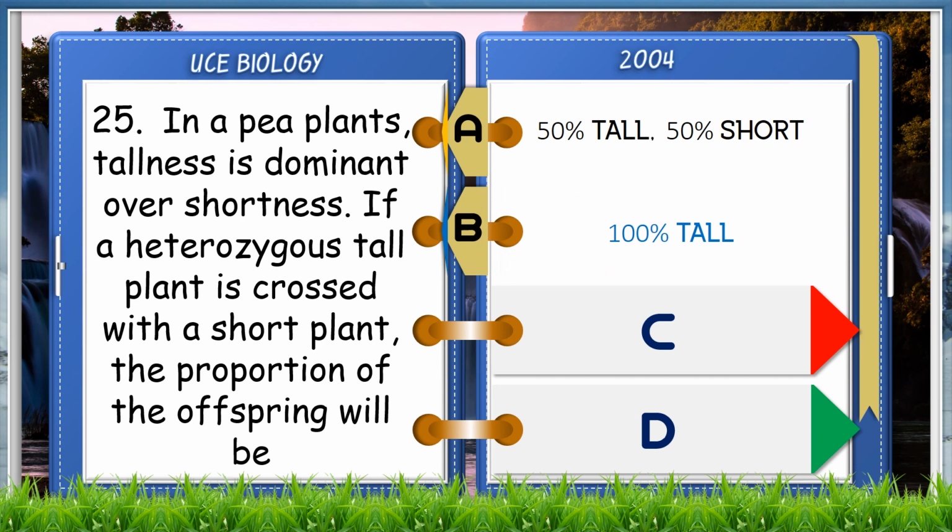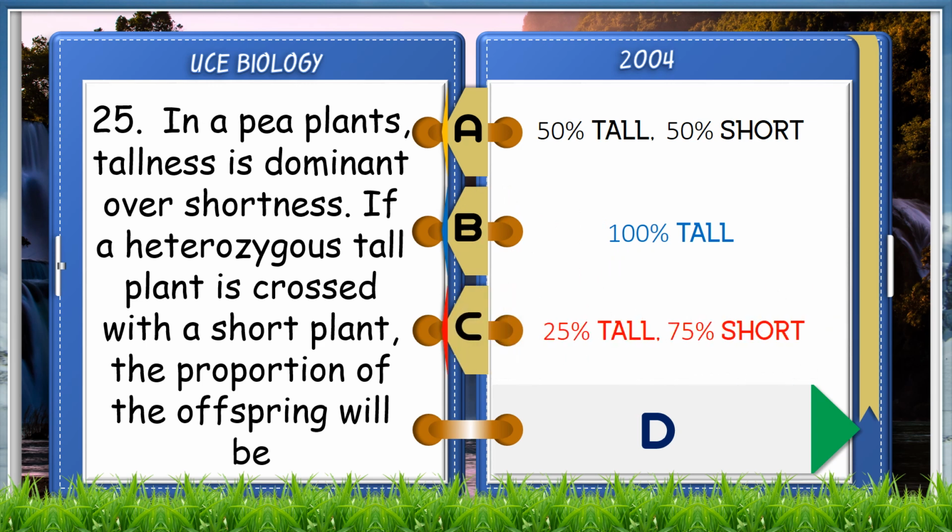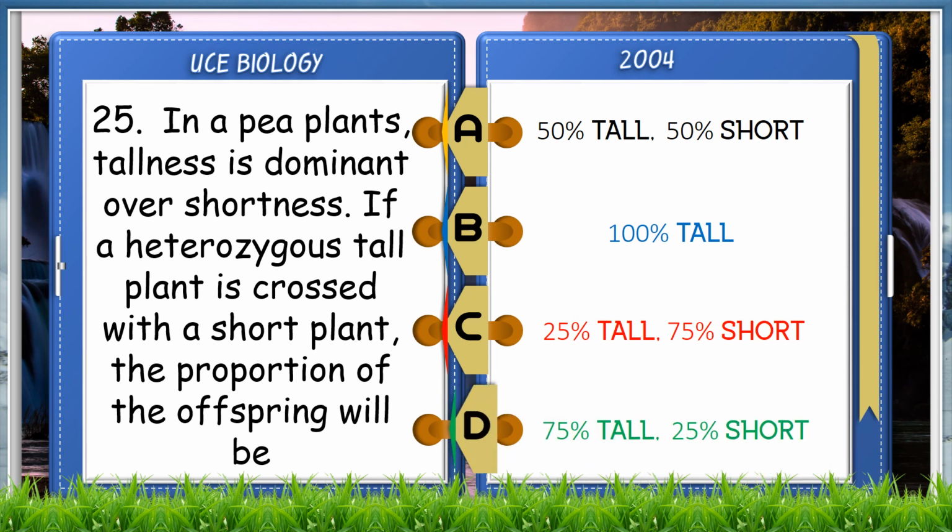B. 100% tall. C. 25% tall, 75% short. D. 75% tall, 25% short. The answer is A. 50% tall, 50% short.